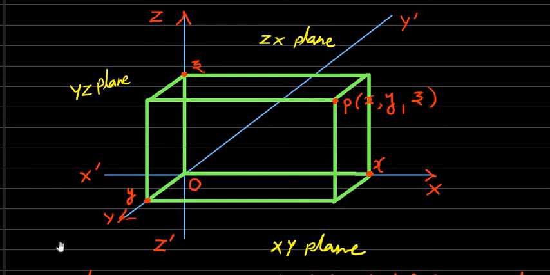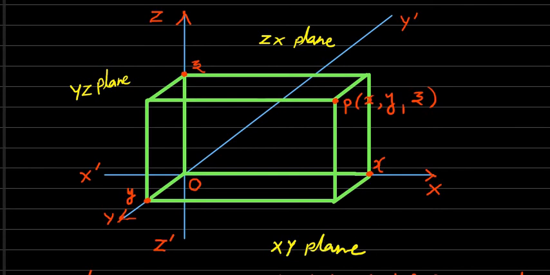We will also mention some important points here. As we have already drawn a diagram, which are those important points? See here. If you take any point in the XY plane, its z coordinate is 0.